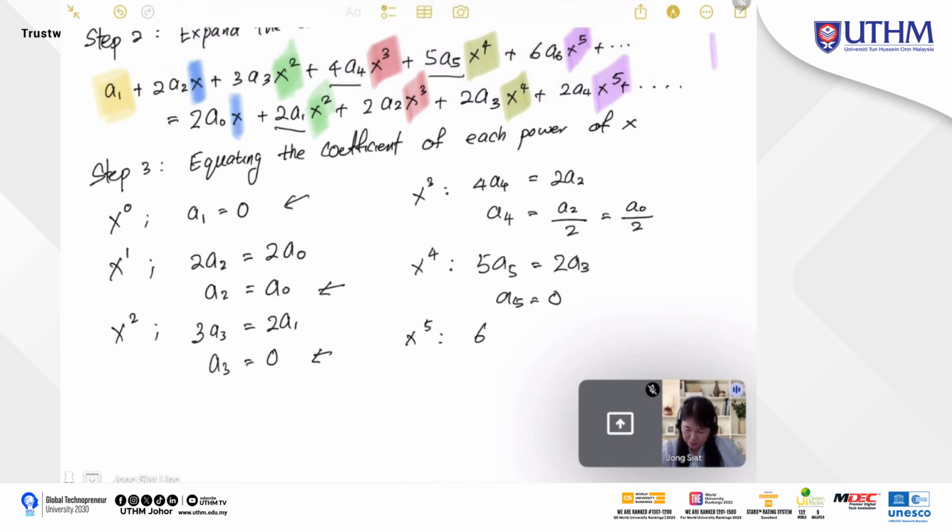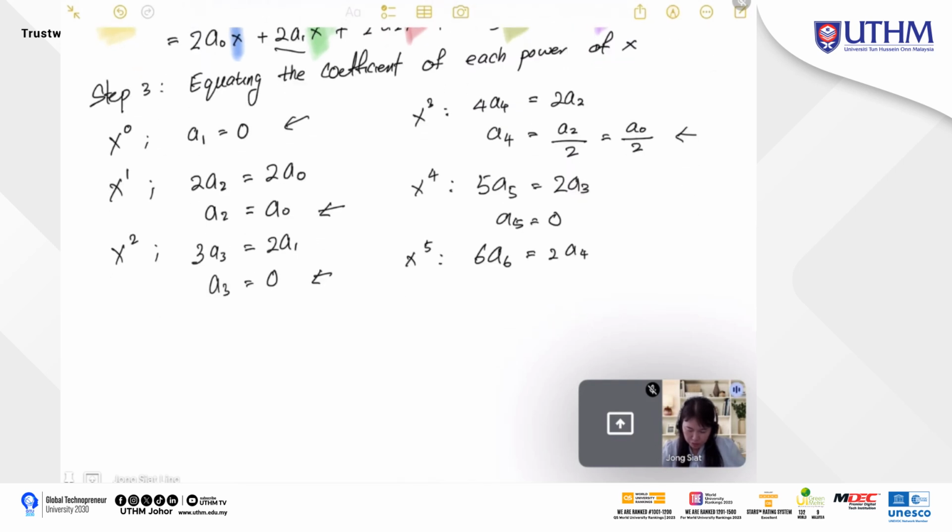Left hand side, I have 6a6. At the right hand side, I have 2a4. A4 is a0 over 2. So I simplify a6 first. That will be 2a4 over 6, which simplifies to a4 over 3.